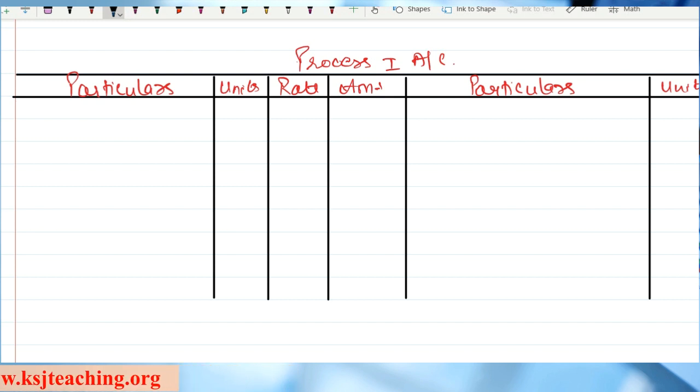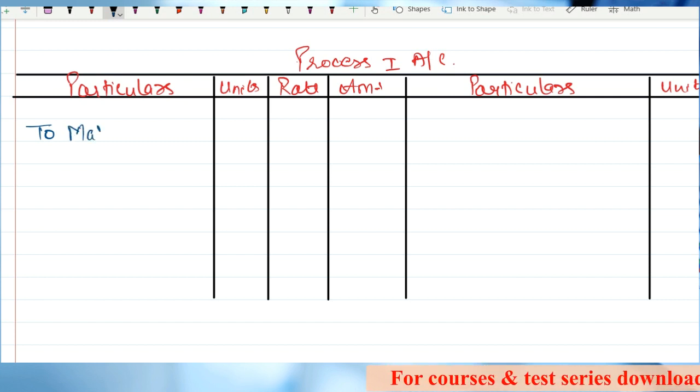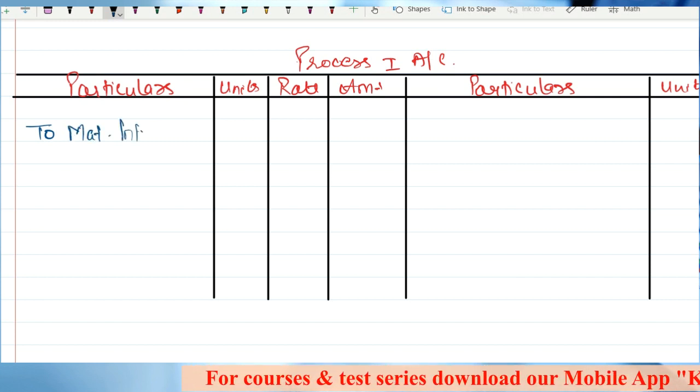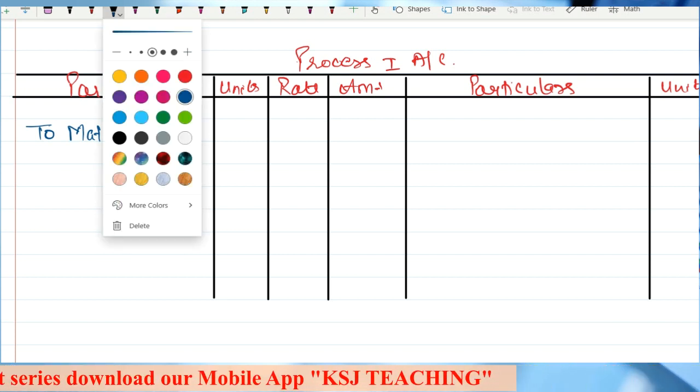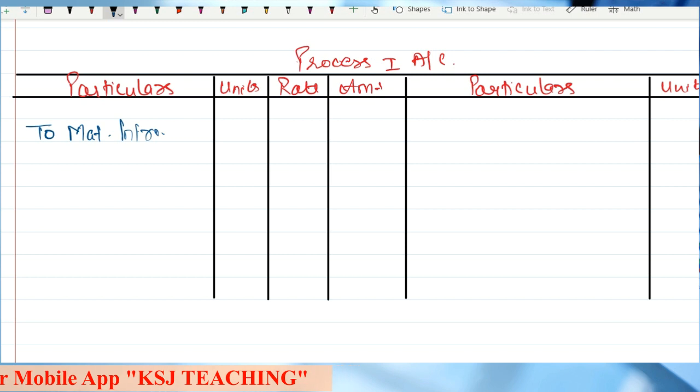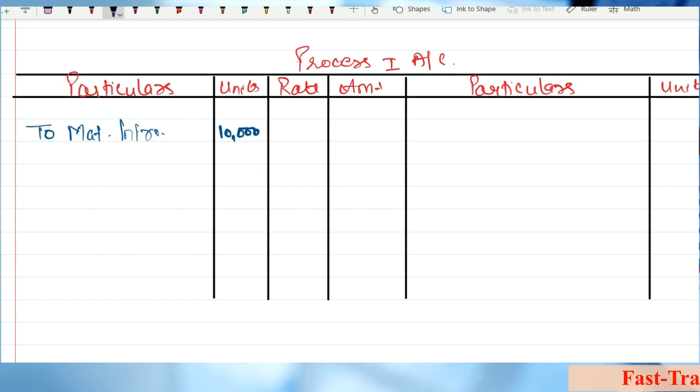First, in the process 1 account, what we have is to material introduced, right? How many units? So 10,000 units. What is the rate? What is the total amount? Total amount is 20,000.